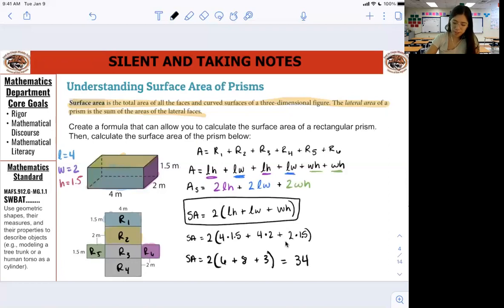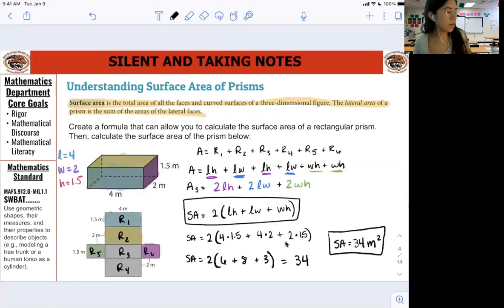So the surface area is 34, and then I have meters squared. Okay, 34 meters squared. So that's basically how it goes for a prism. There is the long way, and this is the good thing about surface area.